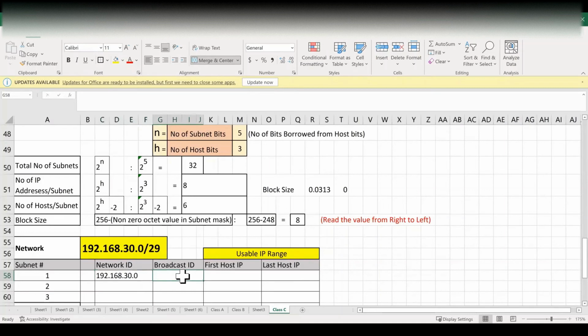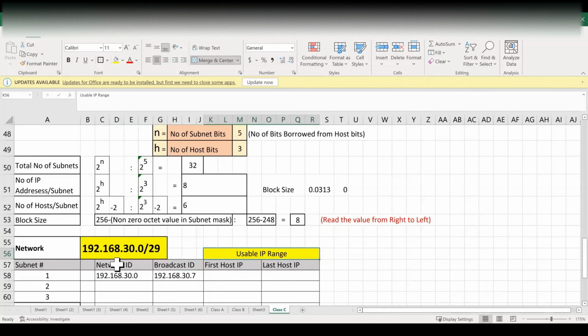Now we have to find the broadcast ID. The broadcast ID is the last IP address of every subnet. In our case, the total number of IP addresses is 8. So we have to add 8 addresses, and we will get 30.7.